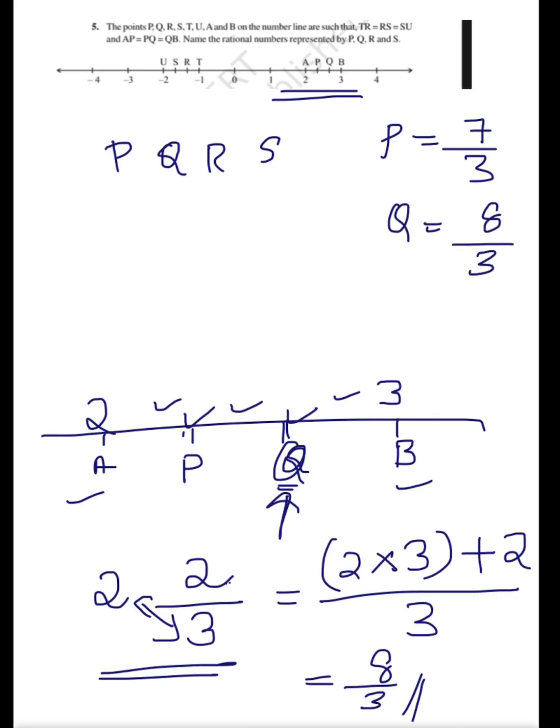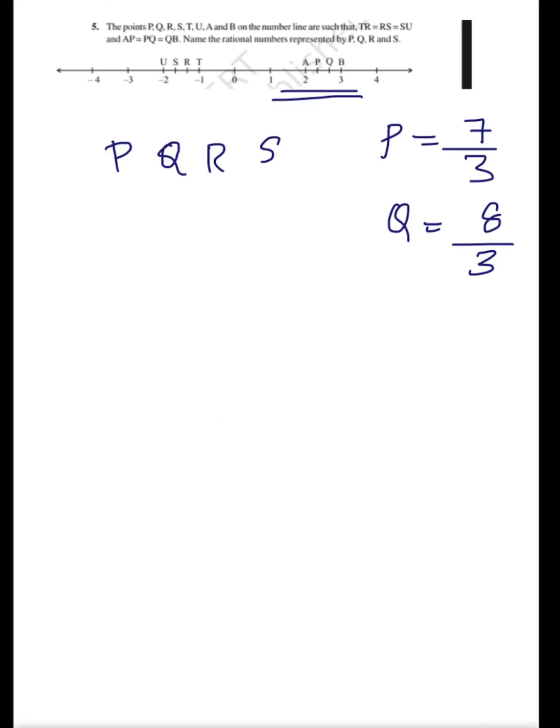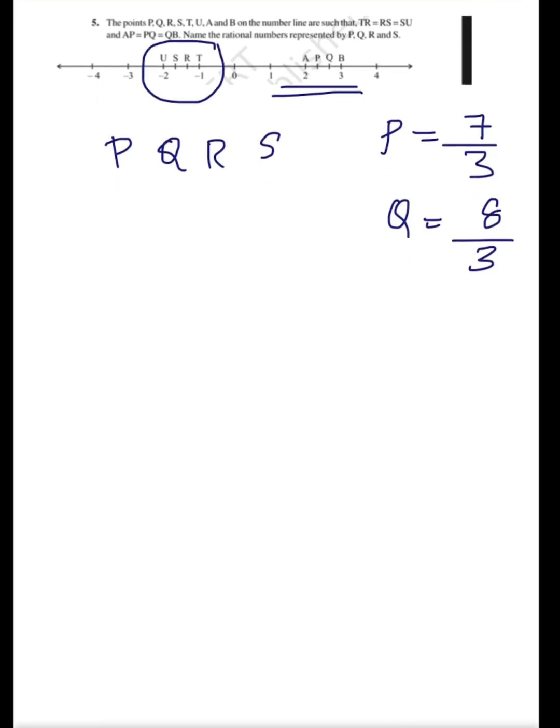Now let's see what is R and S. For R, you can see that R is lying between U and T, which is represented by -2 and -1. U is here, which is represented by -2, and here you can see -1.